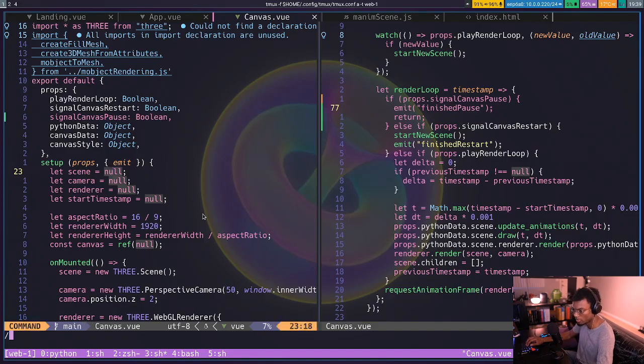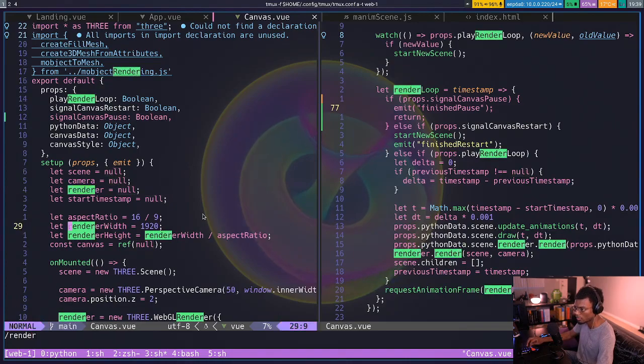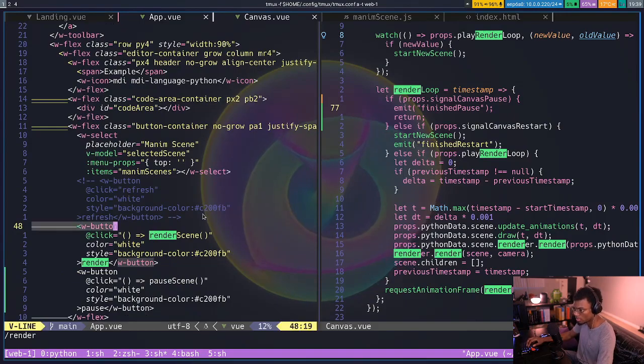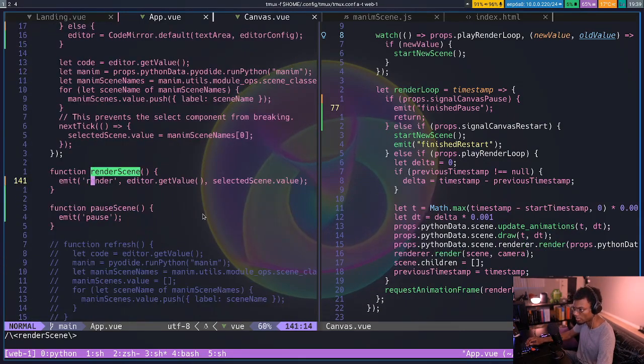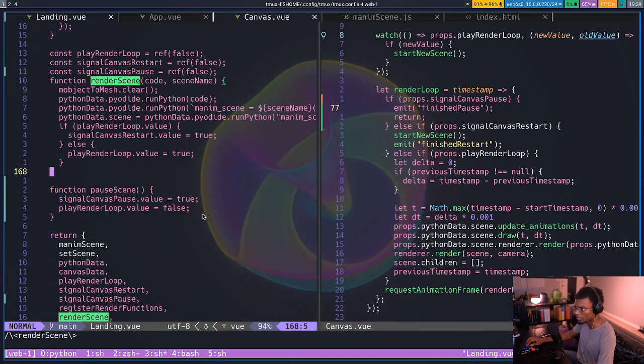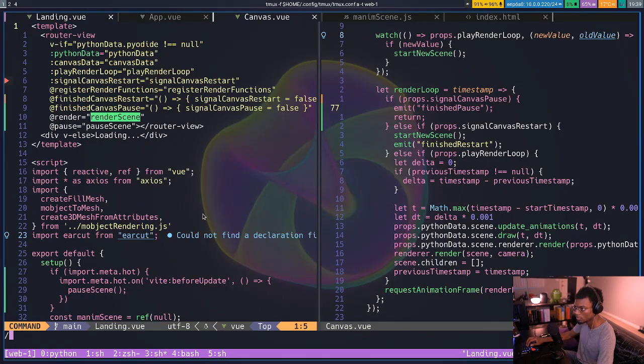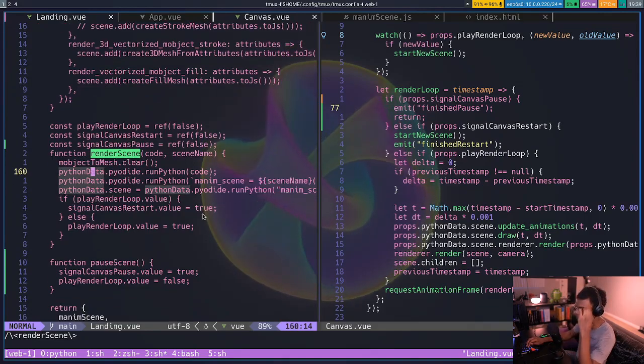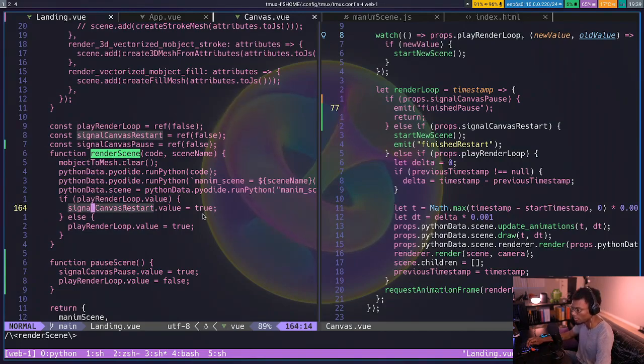Let me see what happens when I push the render button. So clicking that button calls the render scene function, which emits the render argument or whatever. And this is going to go to render scene, which will do this. And here, it should do signal canvas restart.